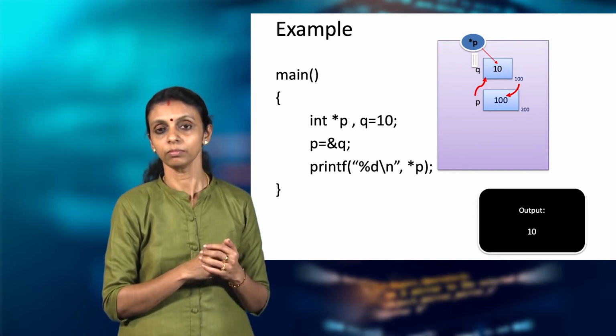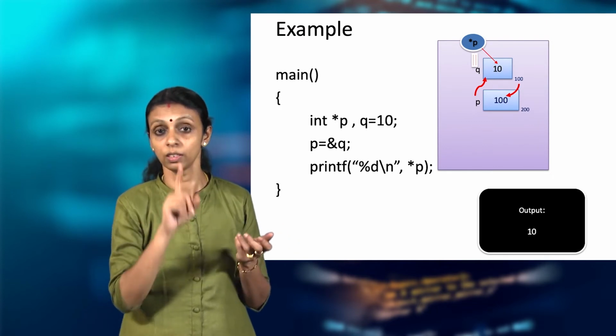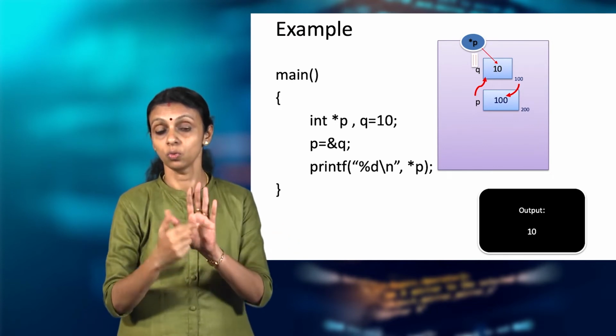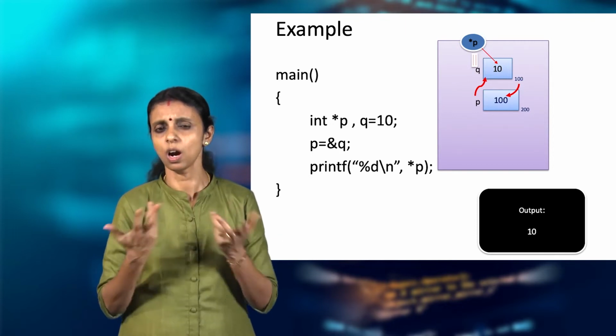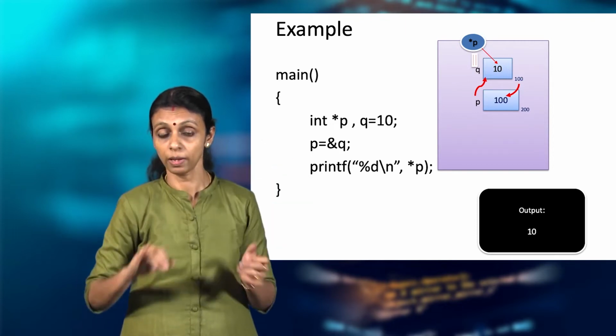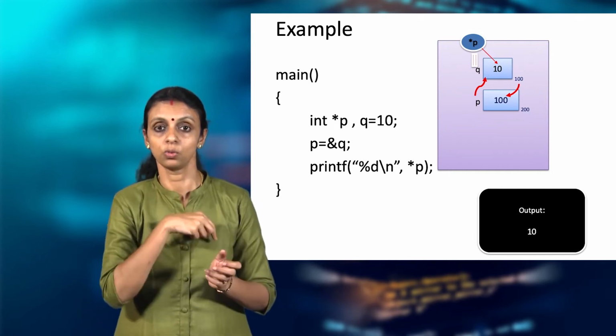The value stored in the address 100 is 10. So, 10 gets printed. To output the address of a variable, the %p format specifier is used.